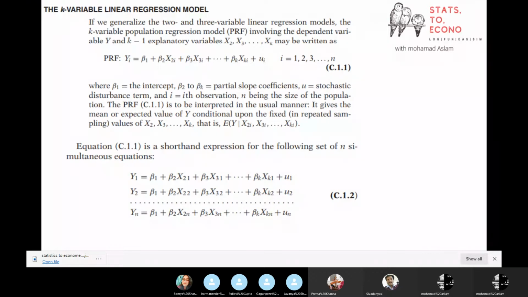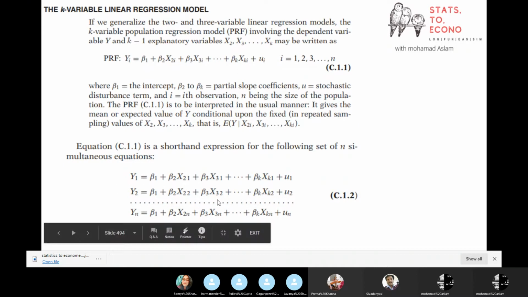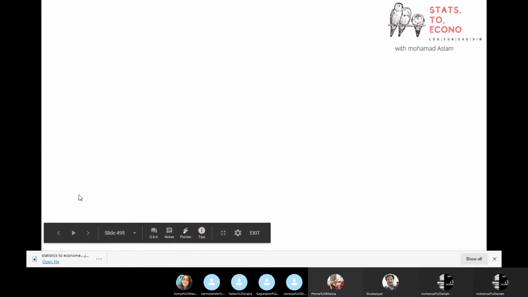So now we have the case of more than one independent variable. Let's suppose you have n independent variables. How do you estimate the intercept coefficient and then the partial slope coefficients beta 2, beta 3, beta 4 up to beta k? The actual data looks like these equations: first the first individual, then the second, then the third, and so on.